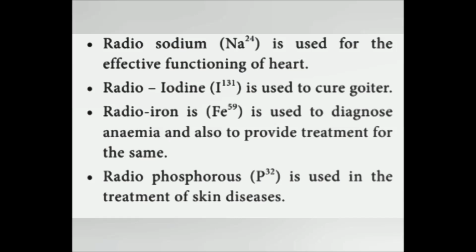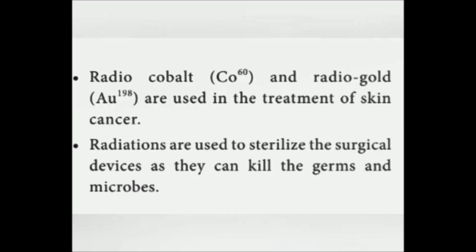Phosphorus-32 is used in the treatment of skin diseases. Cobalt-60 and gold-198 are used in the treatment of skin cancer. Radiations are used to sterilize the surgical devices as they can kill the germs and microbes present in them.